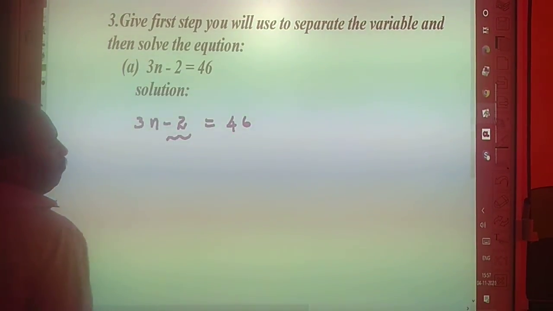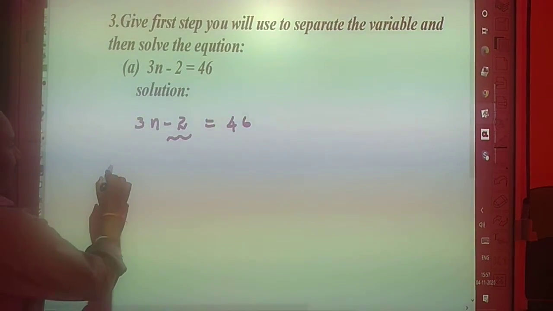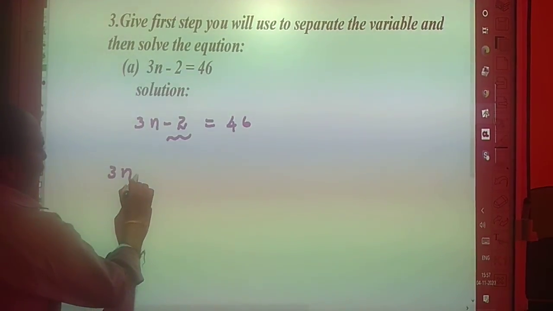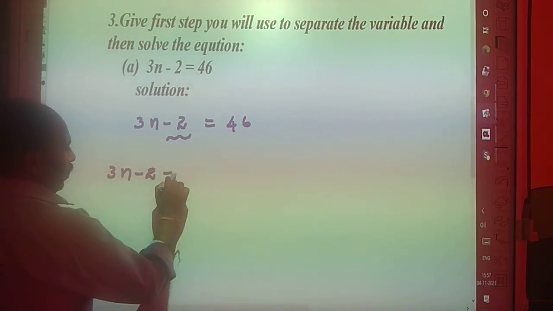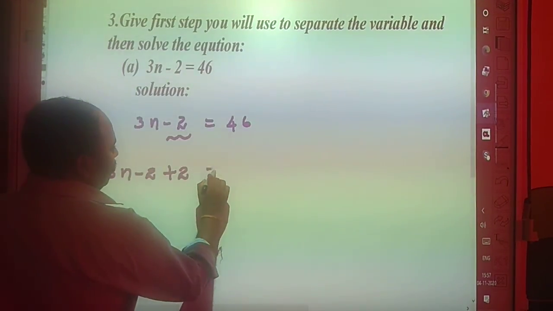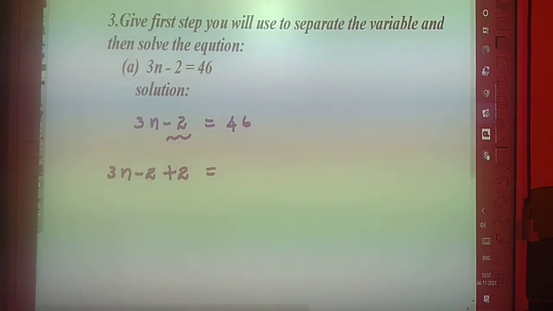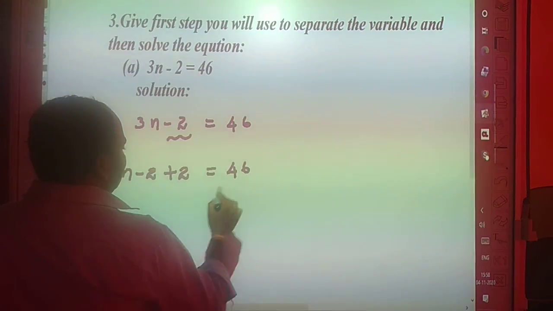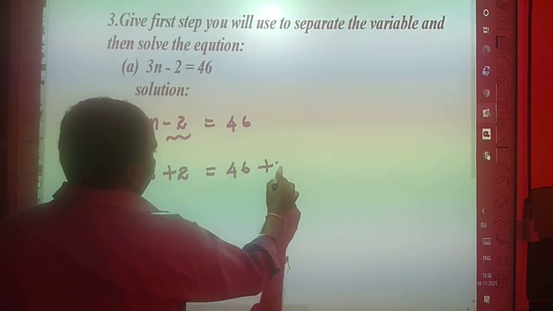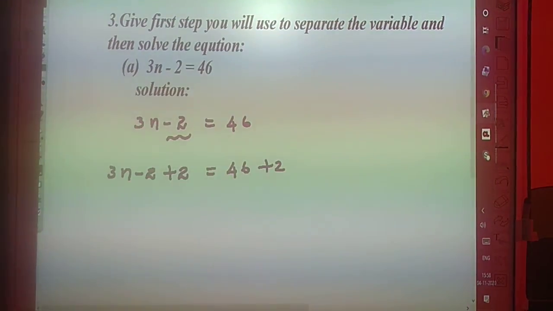Our value is minus 2, so we take plus 2. Minus means plus. 3n minus 2 is there, so we want to add 2. 46 plus 2. On both sides we add 2.